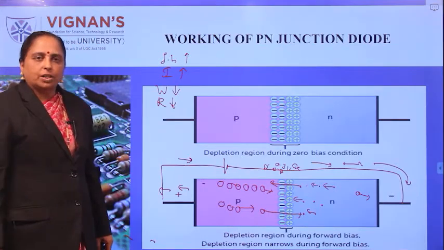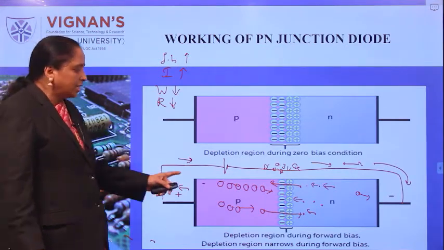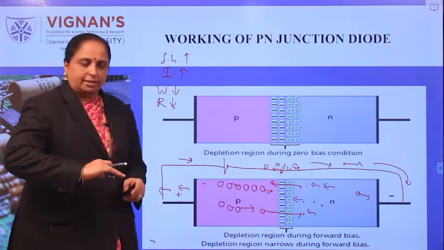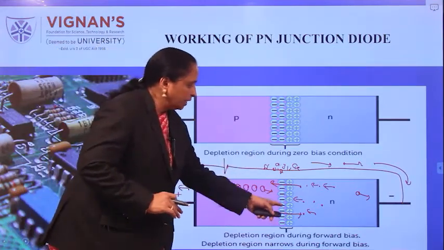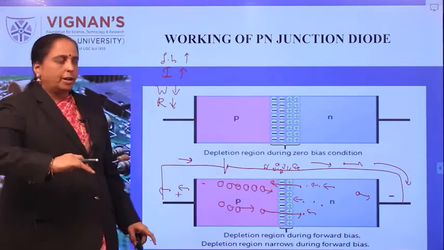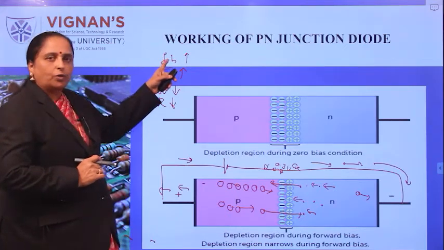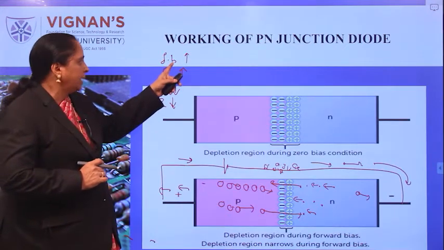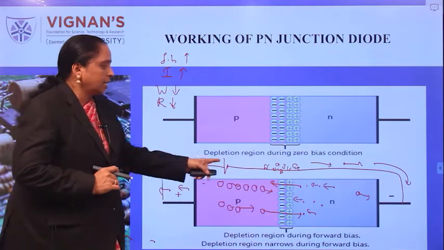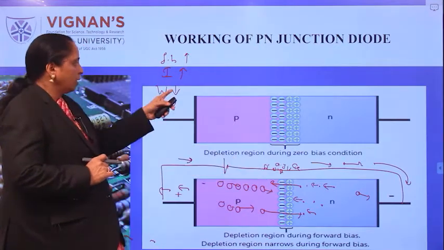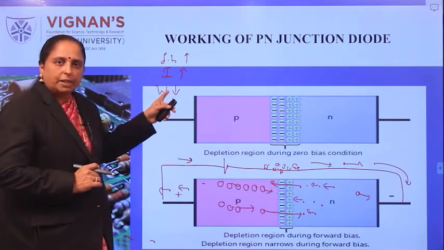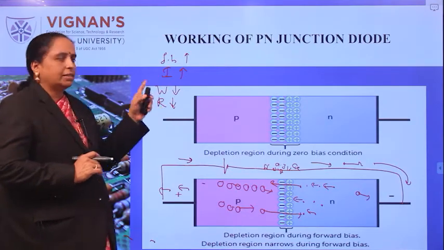So these are the conclusions. So what is that resistance? Resistance to the flow of carriers decreases because the depletion width is decreasing slowly. Therefore, as soon as the forward voltage is more than the internal barrier, the current flow in the external wires increases because the width of the depletion layer decreases, thereby resistance decreases.